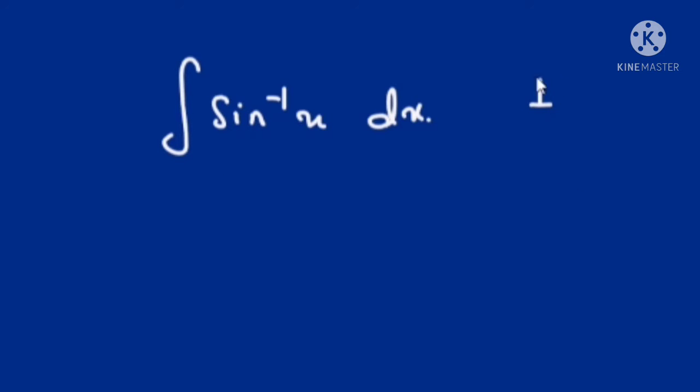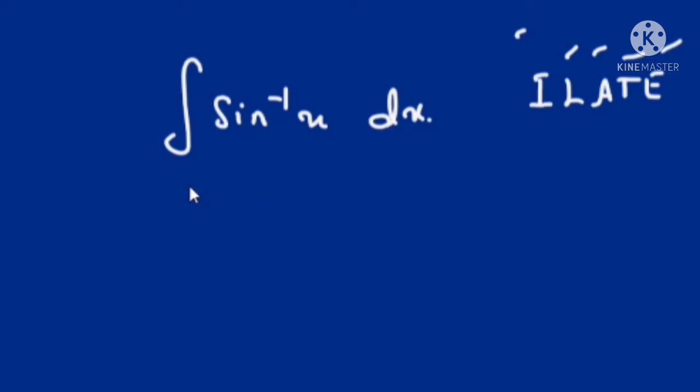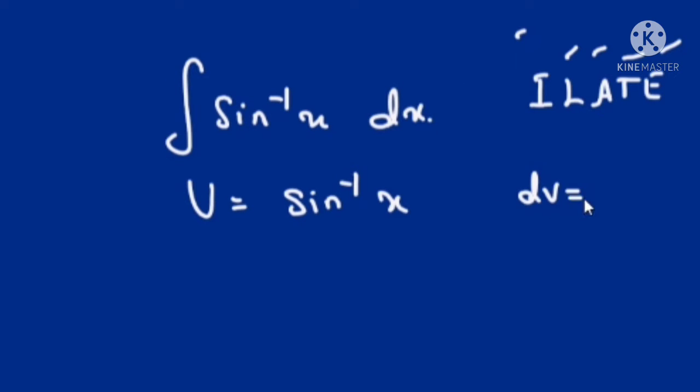So remember integration by parts, ILATE. So u is sine inverse, this is inverse function, log, algebra, trigonometry, exponential. So there is an inverse function. Take u as sine inverse x and the remaining take it as dv.